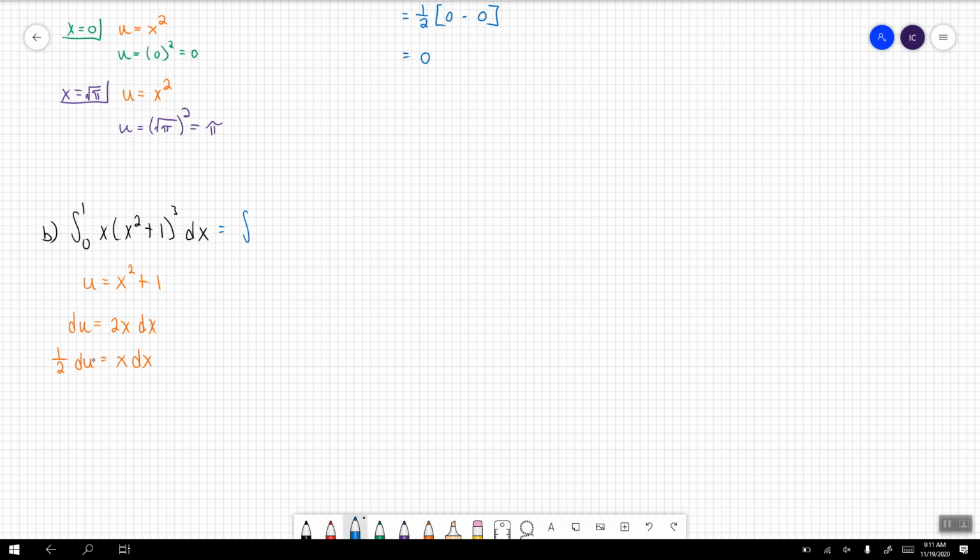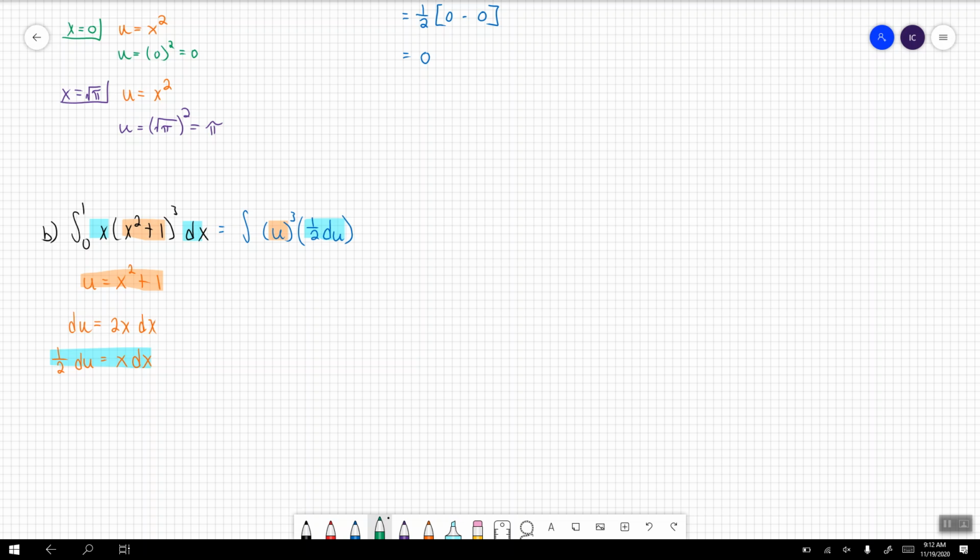X dx now turns into 1/2 du, and I'm going to have my u cubed multiplied by 1/2 du. Again, the substitution here was taking place.